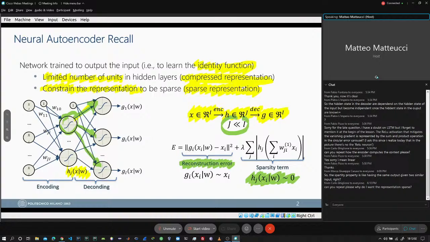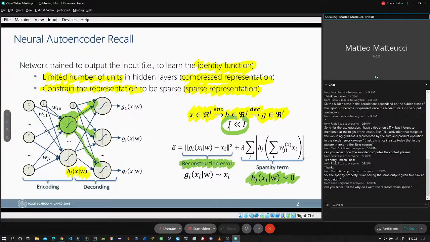So the reason to be sparse is to have an almost orthogonal base. It is not enforced to be orthogonal, and it gives a further regularization, which is compressing even more.